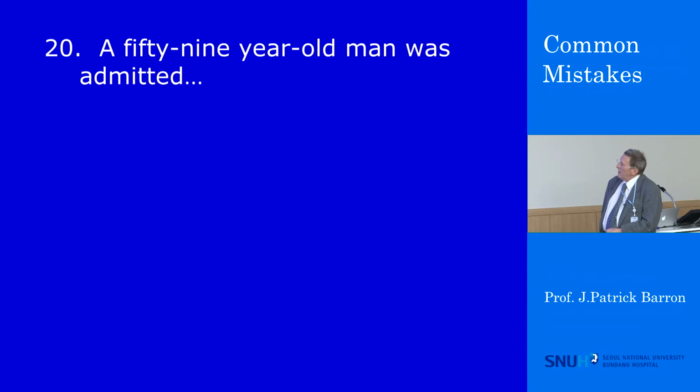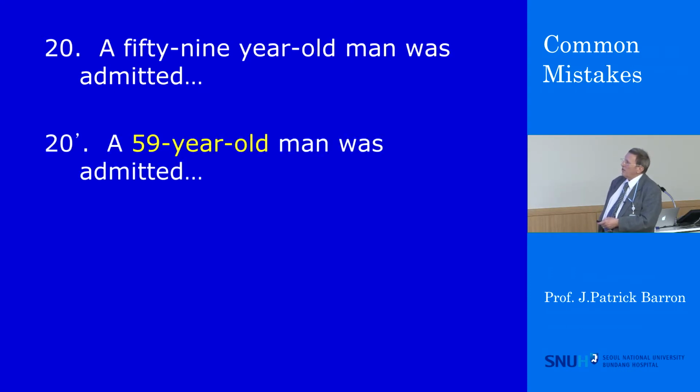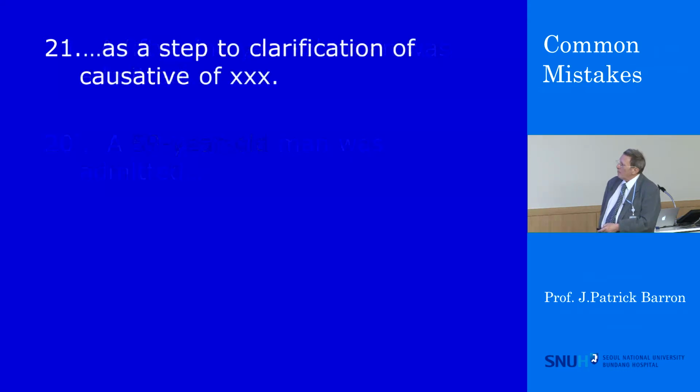Now here, a 59-year-old man was admitted. It's better to have this in numerals with a hyphen: 59-year-old man was admitted. As a step to clarification of causative of, this is very strange.